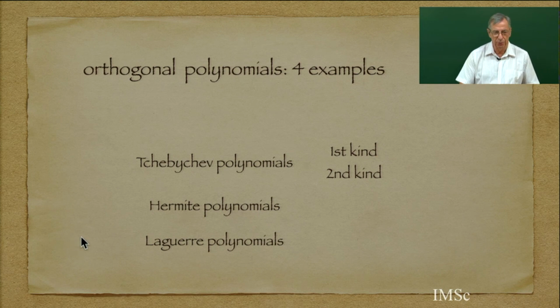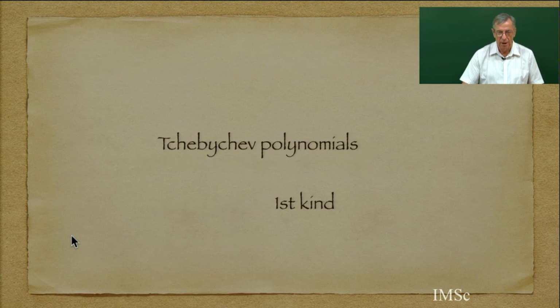And I will prove directly they are orthogonal without knowing anything of the general theory. So I will not work with Motzkin path or weighted path. I will work directly with these polynomials. And we start with Chebyshev polynomial, first kind.